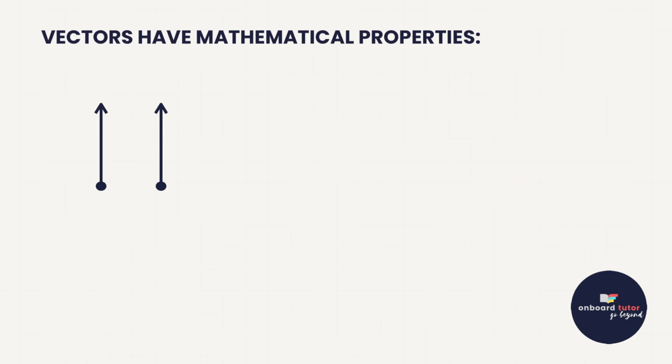So that means that we can say that these 2 vectors are equal. Now we can only say that because they have the same magnitude as well as the same direction.